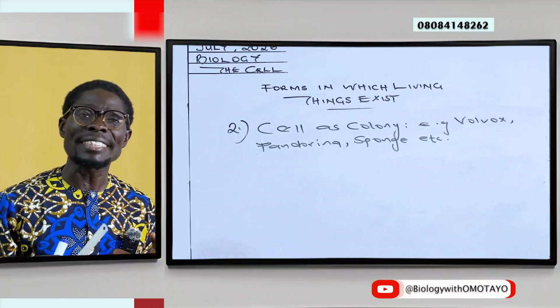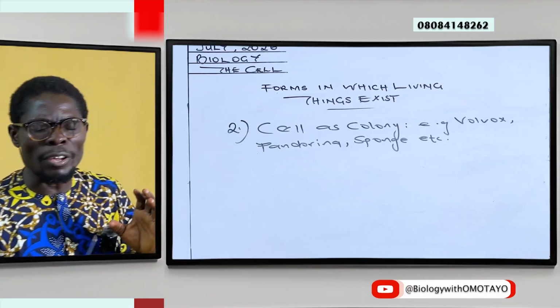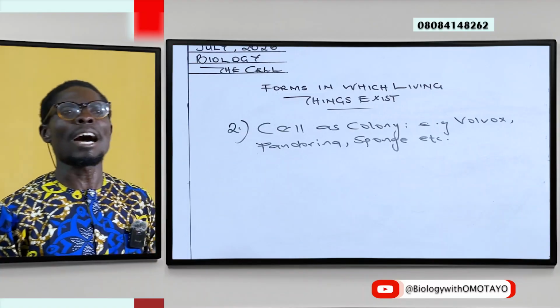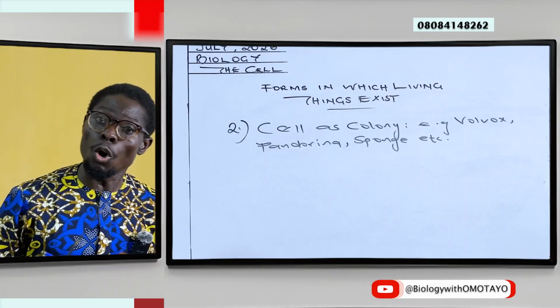Okay, so under cells existing as colony, here we do have several simple cells united by a protoplasmic strand. I repeat, several simple single cells united by being connected by a protoplasmic strand, and each cell actually has its own nucleus.